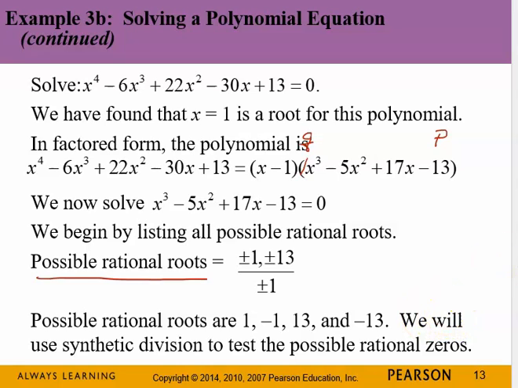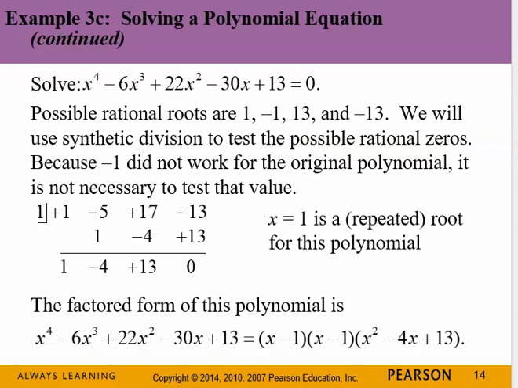So again, you might say, what do we do? We go to synthetic division. In this case, they are starting with the positive 1 and following through. Our remainder is 0. So 1 is another potential 0.